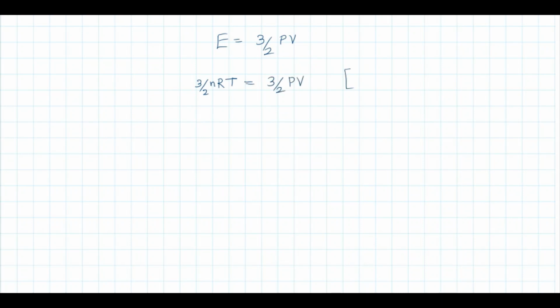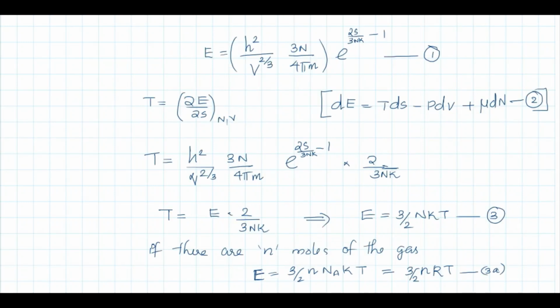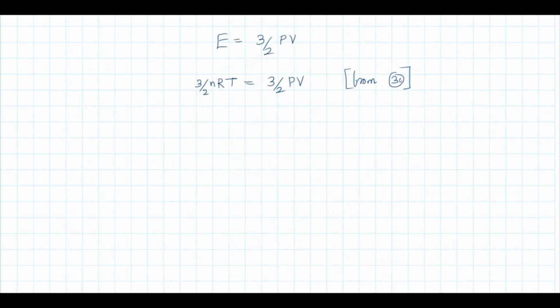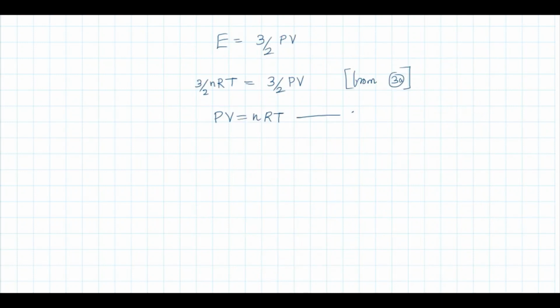From 3, you substitute for E: 3/2 nRT equal to 3/2 PV. That is, PV is equal to nRT. This is the ideal gas equation, and call this equation 6.